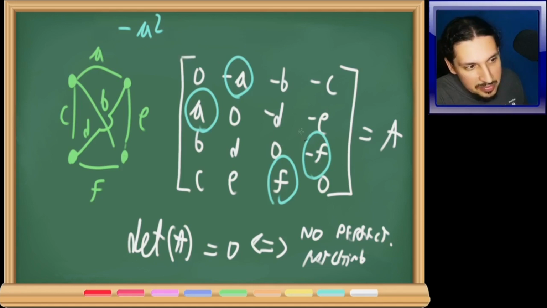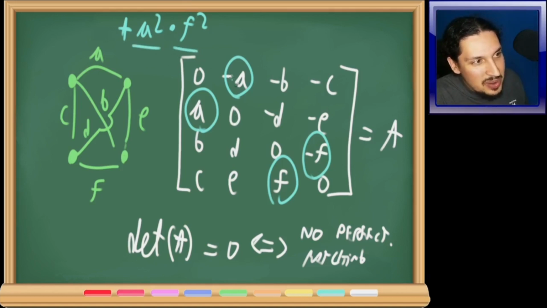Oh, so it is minus minus, it gets positive. But it doesn't matter the sign. The thing is that it will be a square, f square. Basically, it says use this matching, a and f. Okay, nice. And there is no other way to choose two a's and two f's. So this monomial in the polynomial will not get killed with anything else.